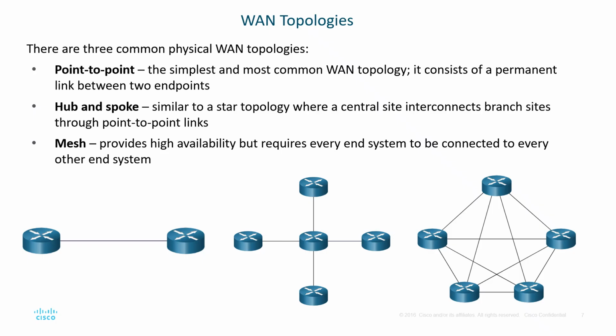So what does that mean? From point A, it is only ever going to go to point B. From point B, it's only ever going to go to point A. Okay? Nowhere else, nothing in between, point to point. Hub and spoke. Similar to a star topology, where a central site interconnects branch sites through point-to-point links. So, here's my central site.